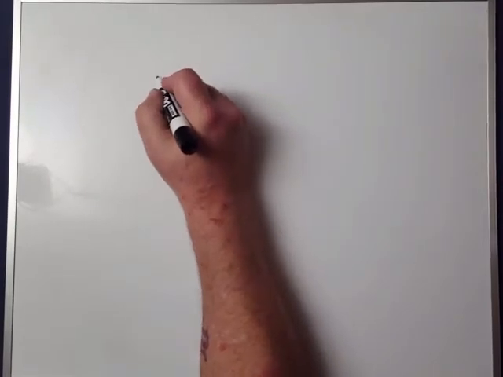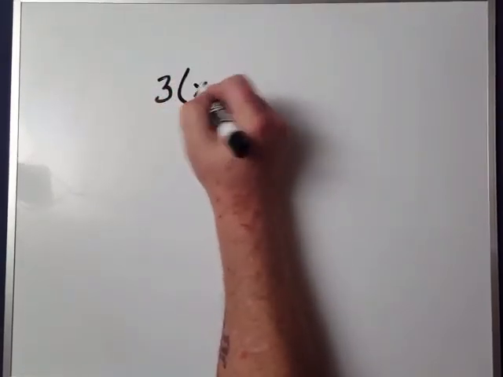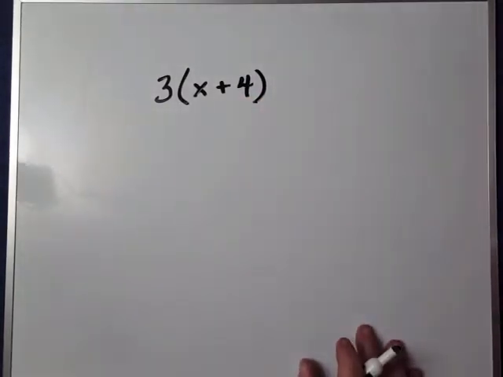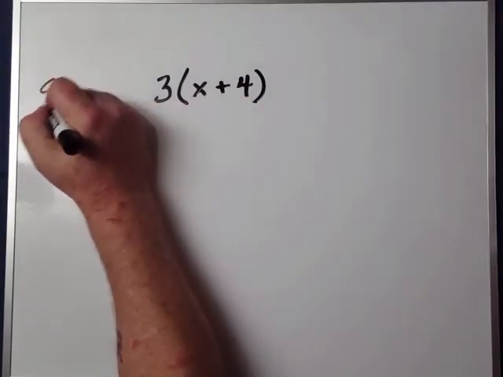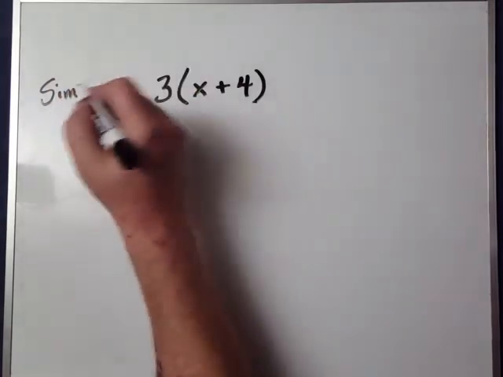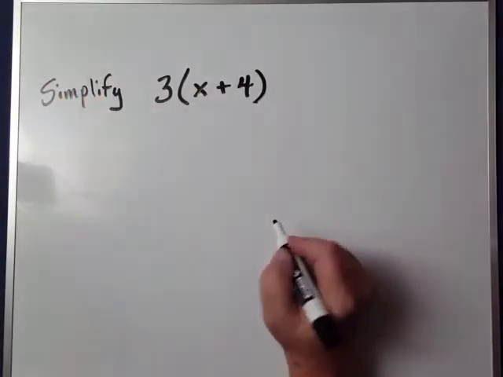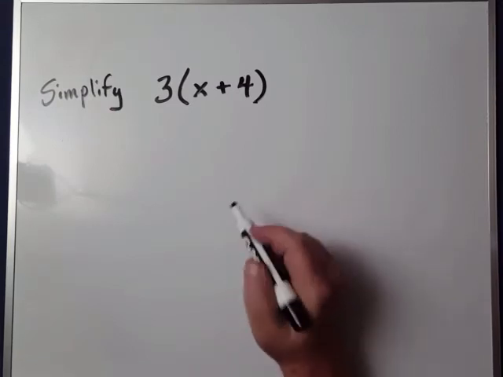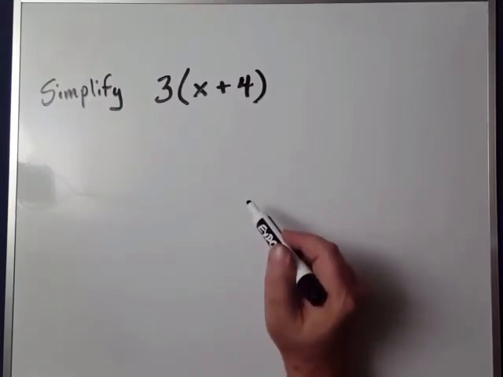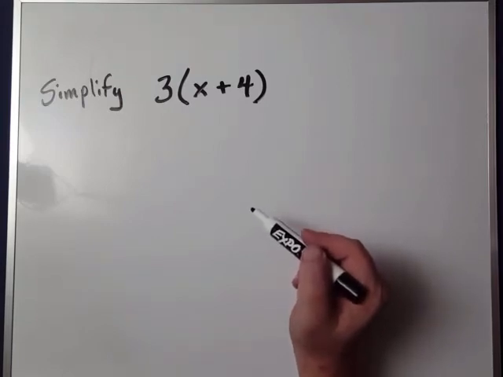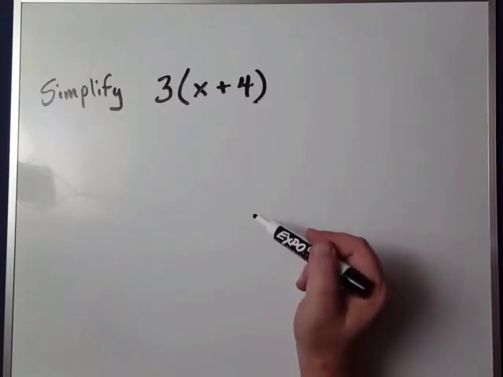But consider, if I have 3 times x plus 4, and I ask you to simplify, I'm not going to say evaluate because we're not going to get a number. We'll do more with simplifying in the next section. But consider for now, if I want you to simplify this, I want to do everything I can possibly do and get this boiled down as far as I possibly can.